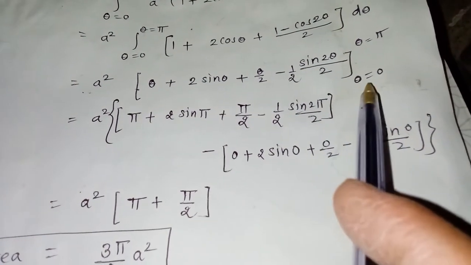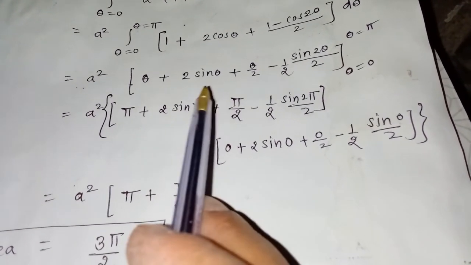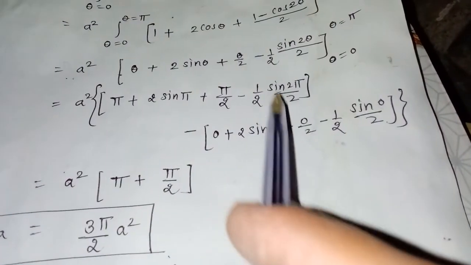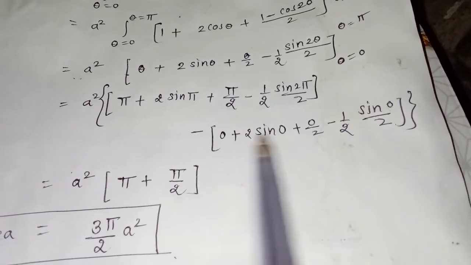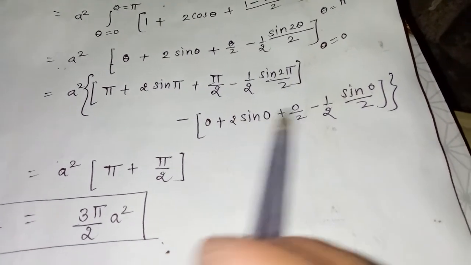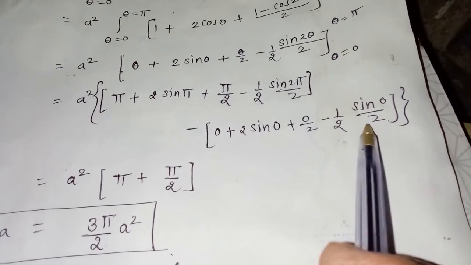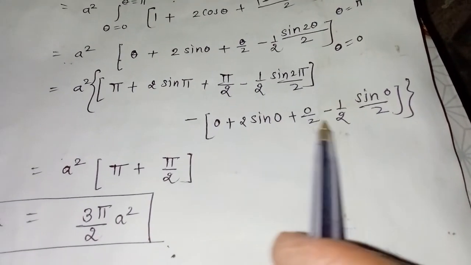And if I put the lower limit theta equals 0, then I will get 0 plus 2 sin 0 plus 0 upon 2 minus 1 by 2 into sin 2 into 0 upon 2. If you solve this bracket, then the total bracket will be 0 because the value of sin 0 is 0.